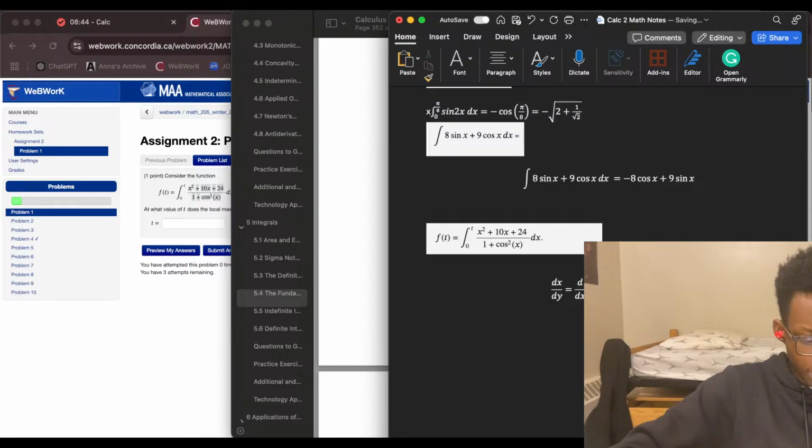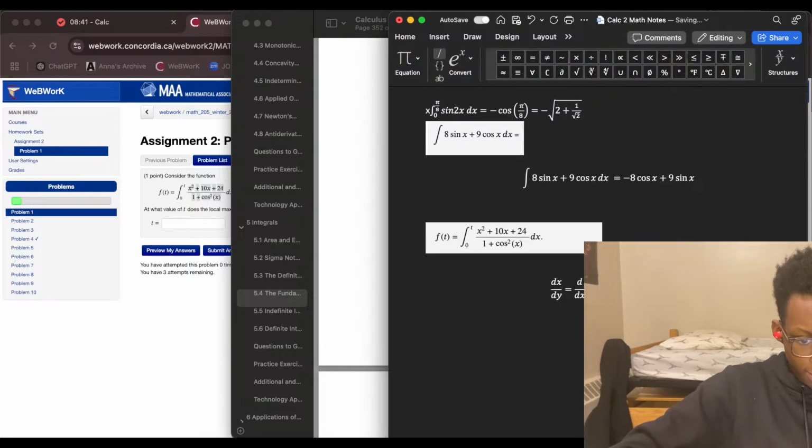Because now if I do this, it will be dx dy equals x squared plus 10x plus 24 divided by 1 plus cos x.